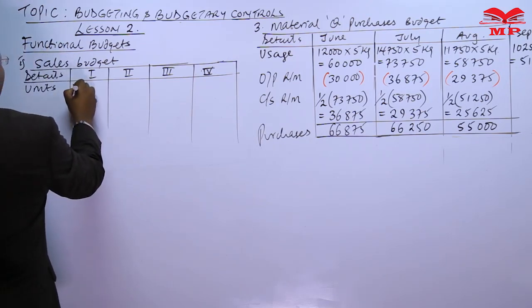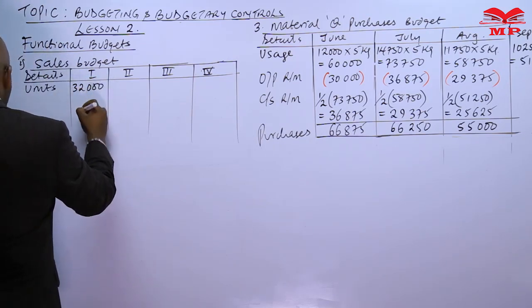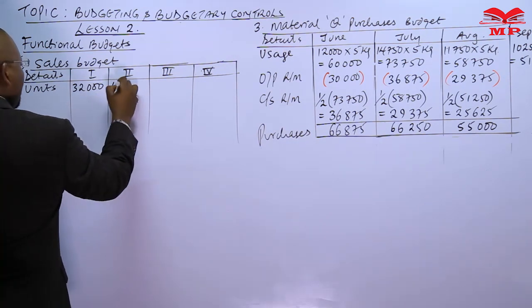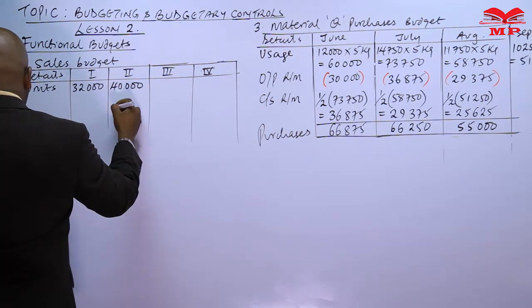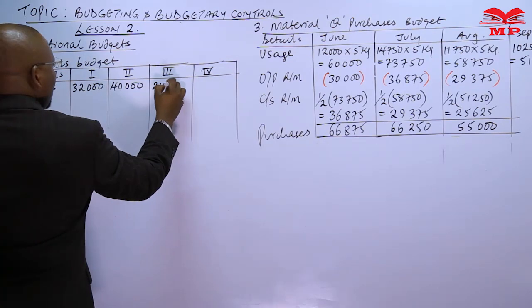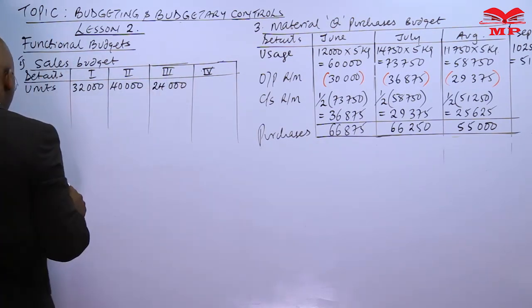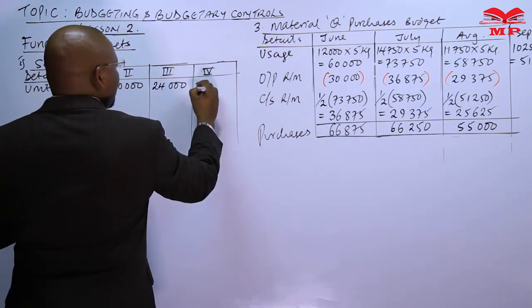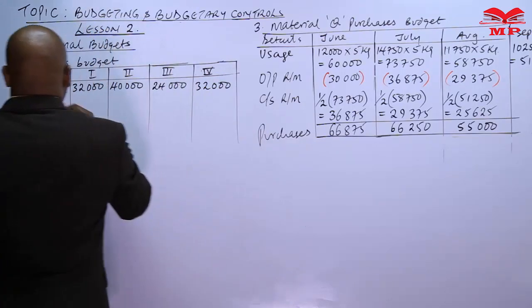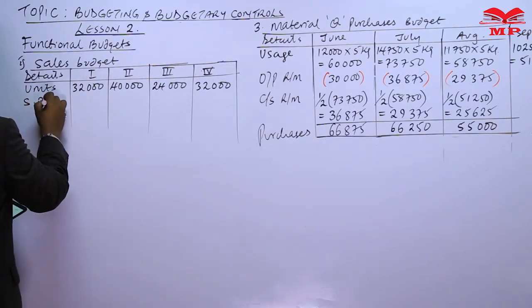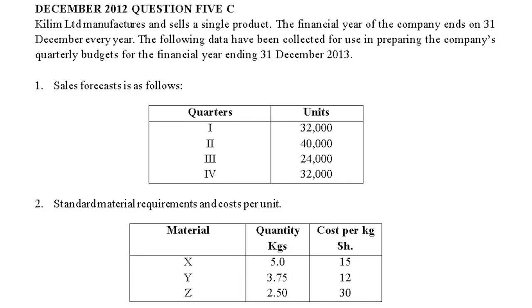We are expected to sell this number of units. Quarter 1, that's 2,000. Quarter 2, 40,000. Quarter 3, 24,000. Quarter 4, that's 2,000. Then we have the selling price. We have been told the selling price is shilling 600 in note number 7. But from 1st July, it shall increase by 10%.